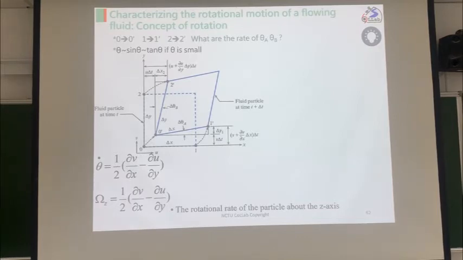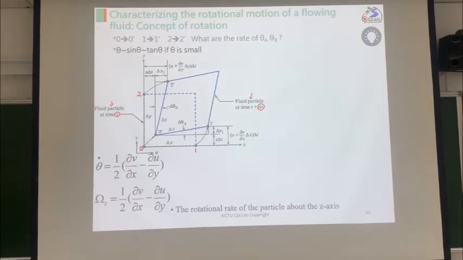First, we are looking at the fluid particle at different time points. This is time t, and this is time t plus delta t, so they are in different time states. At time t, we have three important points: 0 here, 1 here, and 2 here.